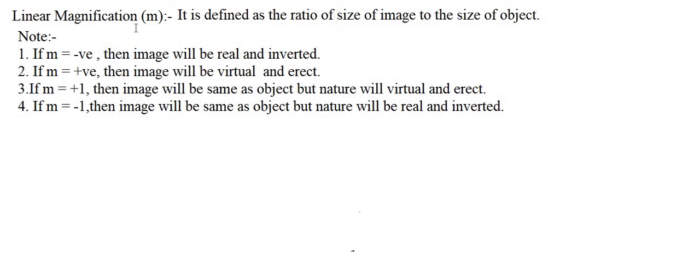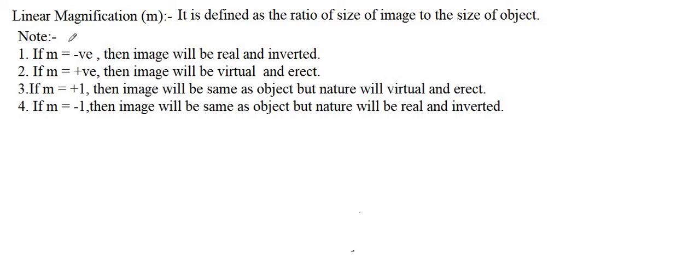Now there are some important points related to magnification. Point number 1, if the value of magnification is negative, then the nature of the image will be real and inverted, and if the value of magnification is positive, then the nature of the image will be virtual and erect. Third, if the value of m is +1, it means the size of the image is equal to the size of the object, but the nature will be virtual and erect.